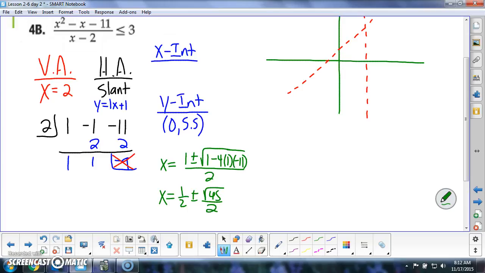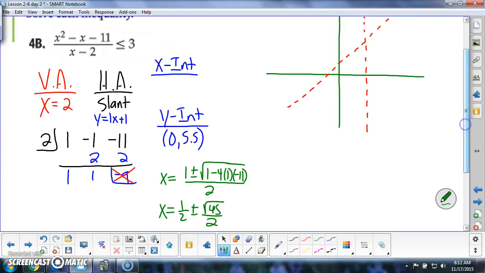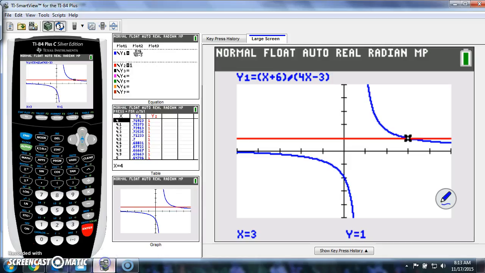And that could be written as 1/2 plus or minus the square root of 9 times the square root of 5, which is 3 square root of 5 over 2. So there are your two x-intercepts.